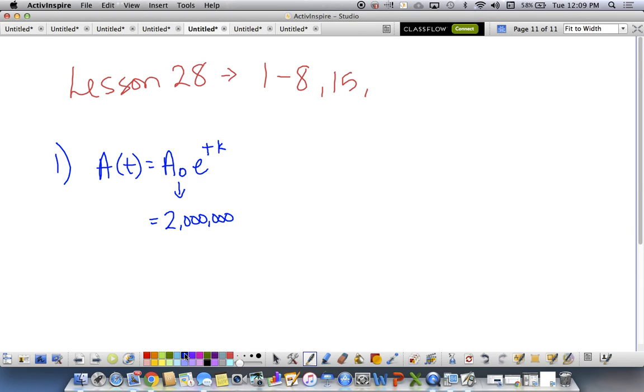So what's the amount on the 13th? No, this is saying what time was the amount 0.5 million. So we have to solve for k first. It gives you the time, so A of t is 100. Then you do e, the time is 13, and then you have to solve for the k.